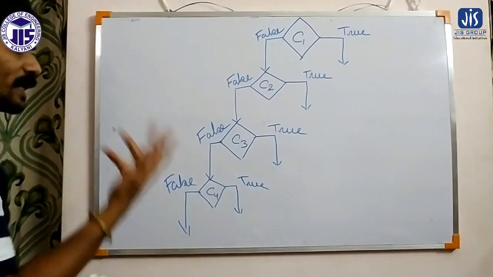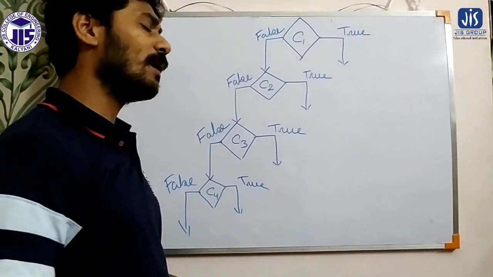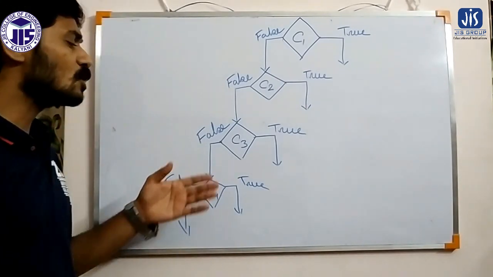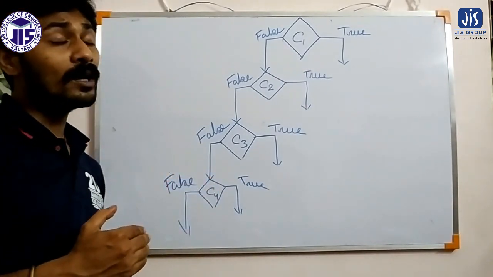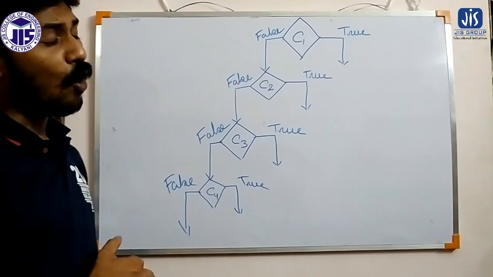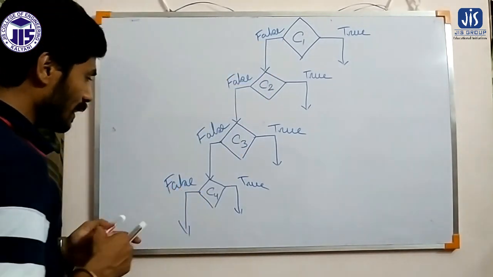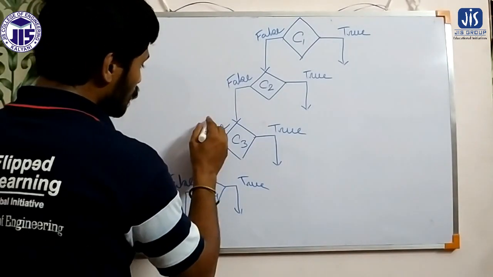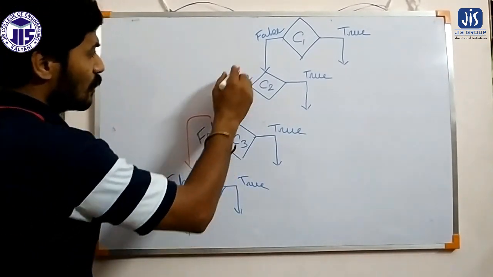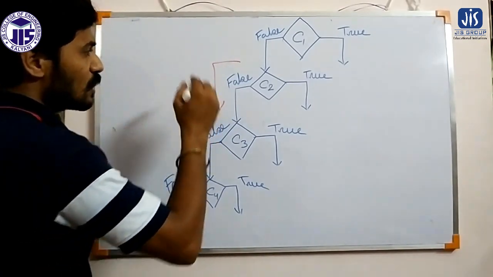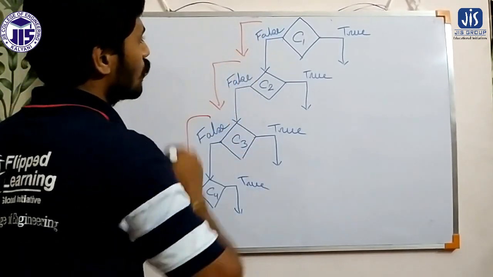From the flowchart, we can summarize that any condition will be verified only if all previous conditions are false. That means C4 will execute if C3 is false, C3 will execute if C2 is false, and C2 will execute if C1 is false.